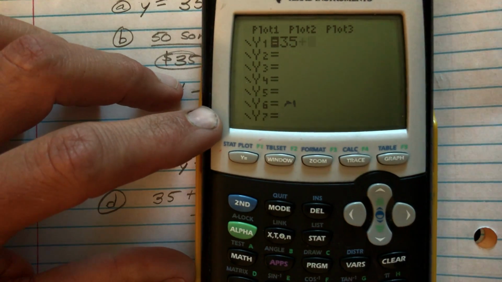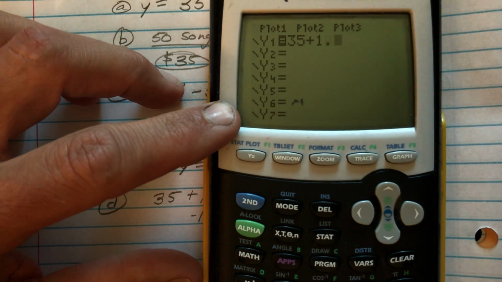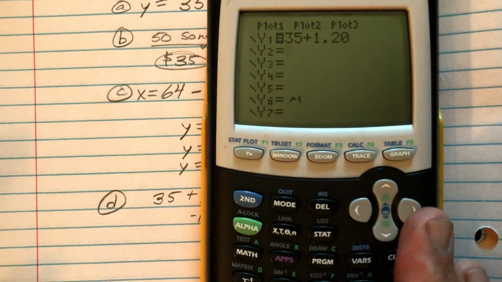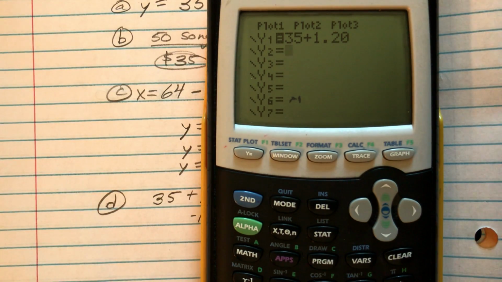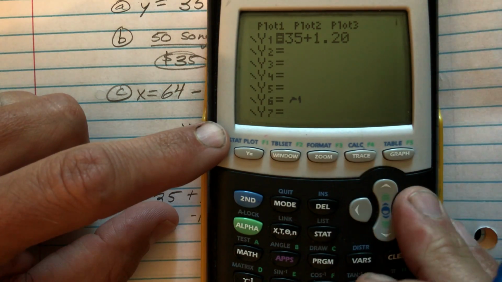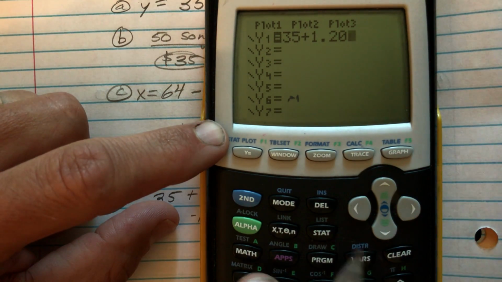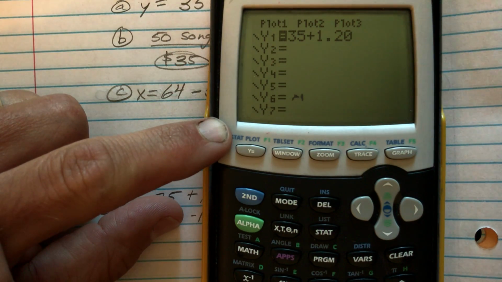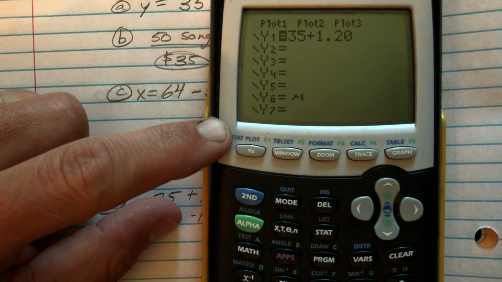Here's our original equation. 35 plus $1.20x. And then, oh, I made a little mistake here. This is going to be 75 cents per song. So x represents different things. So we got to figure this out. x on this one are songs over 56. This one is 75 cents straight up per song.